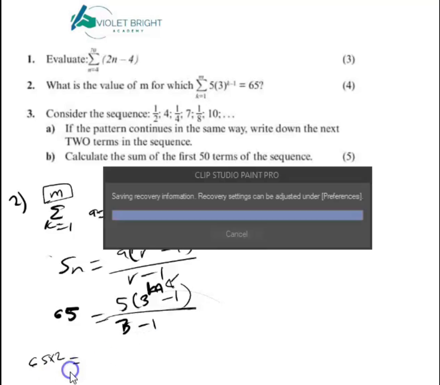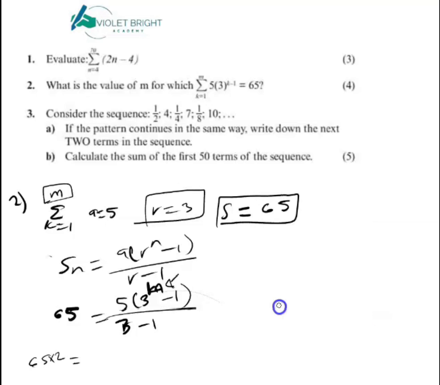Which will give us 130. And then we will be left with 130 equals 5 times 3 to the power m, or 3 to the power k, minus 1. So we divide again by 5.